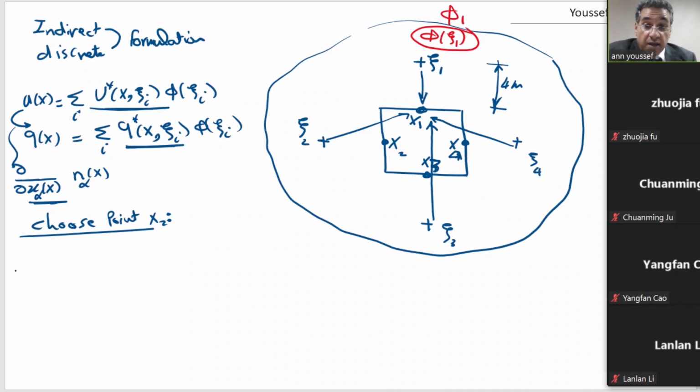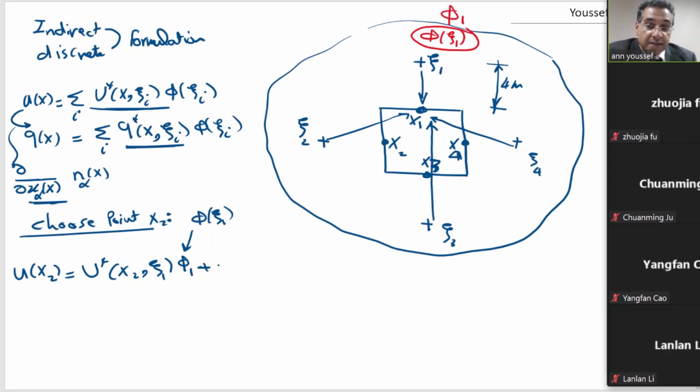that the potential u at point x2 equals u asterisk between x2 and xi1 times phi1. I'm going to write it phi1 directly. Phi1 means the intensity of the source at xi1, and as we said, we are going to abbreviate it.